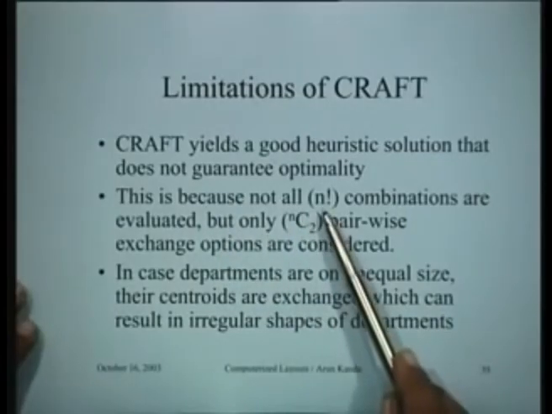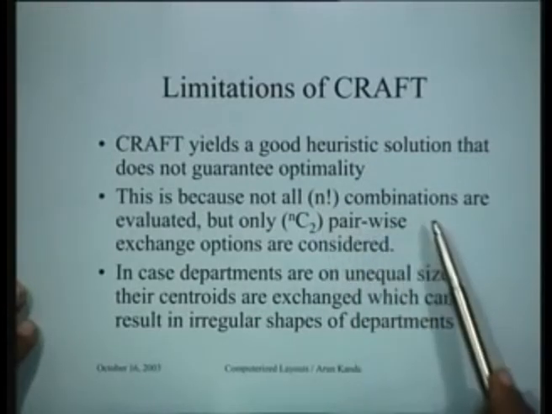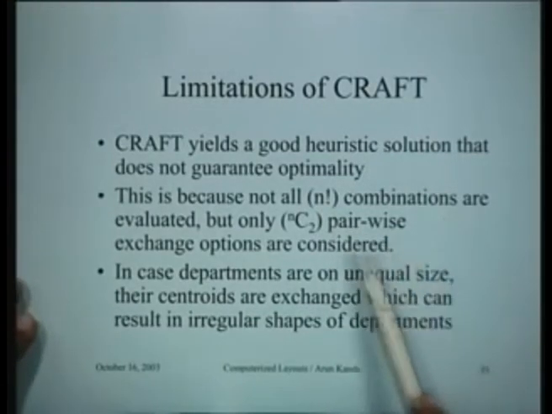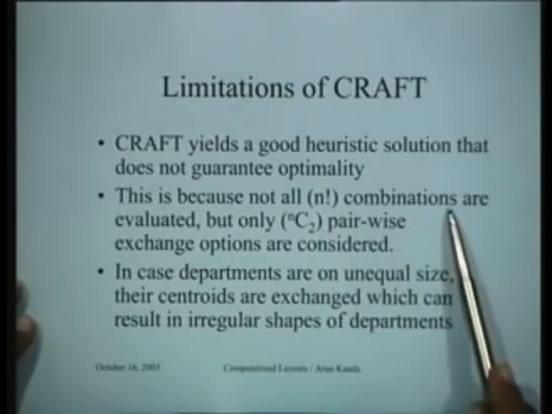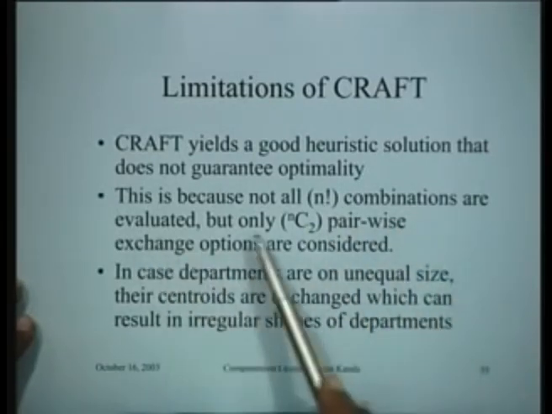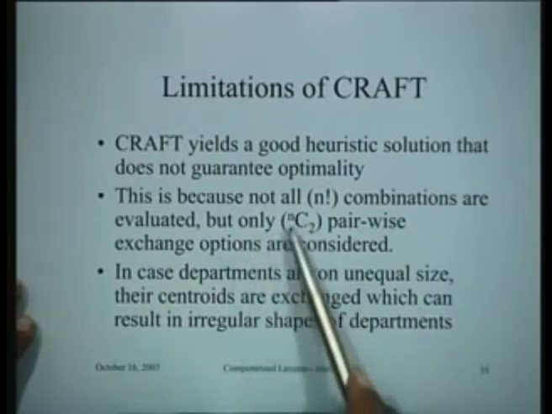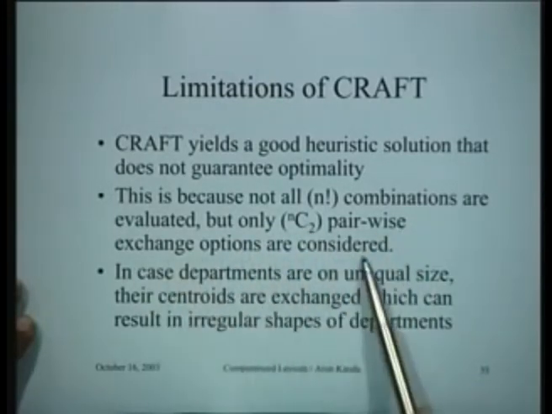Why is this? This is because if there are n departments, there are n factorial ways in which you can generate new departments. So instead of generating n factorial combinations, we are actually using at each iteration only NC2 pairwise exchange options.